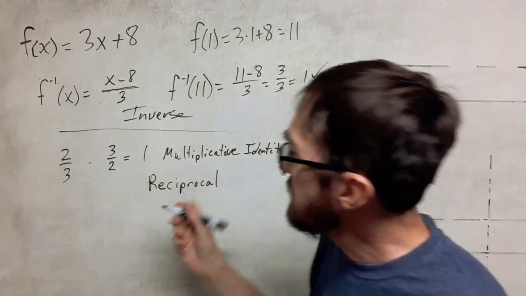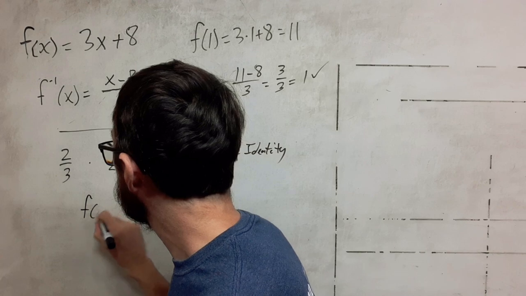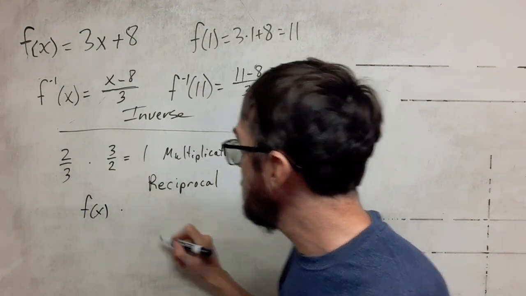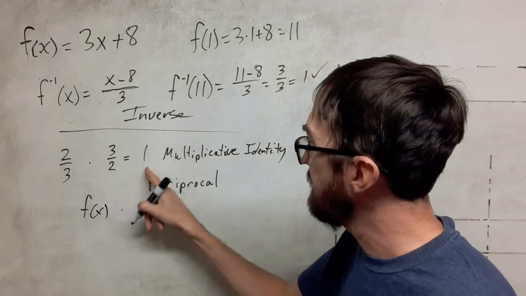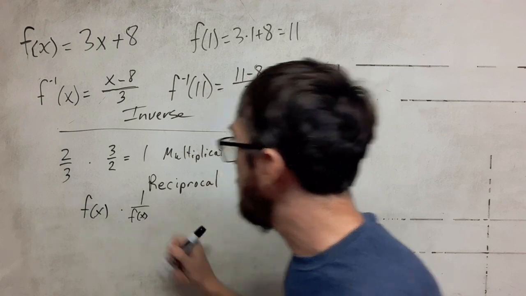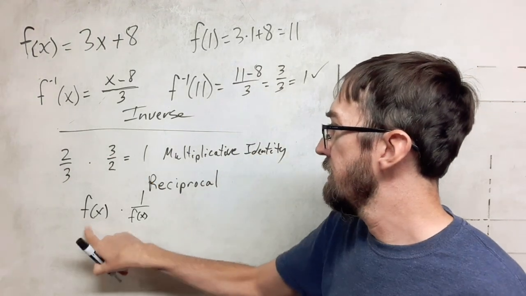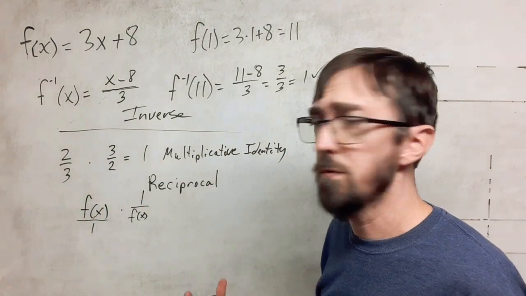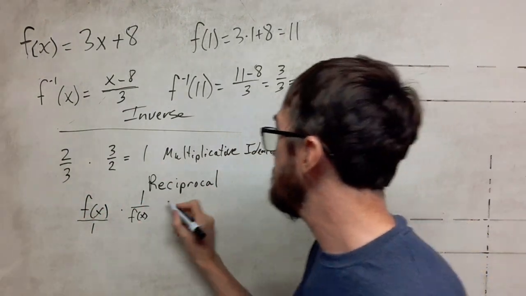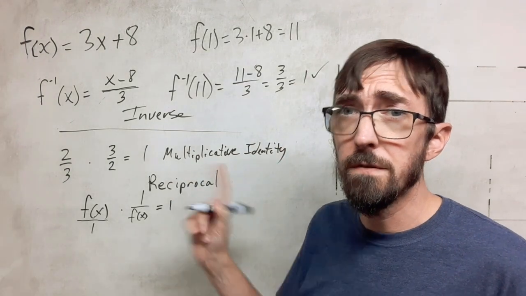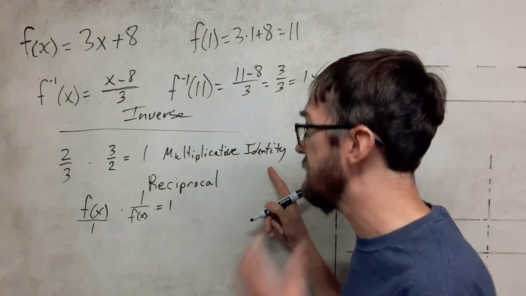If I start out with f of x here, then I want something that I multiply by that to give me 1. So this is 1 over f of x. If we call this f of x over 1, we flip it upside down, it's 1 over f of x. If we multiply these two together, they do give me 1. So they are multiplicative inverses, which give me the multiplicative identity.